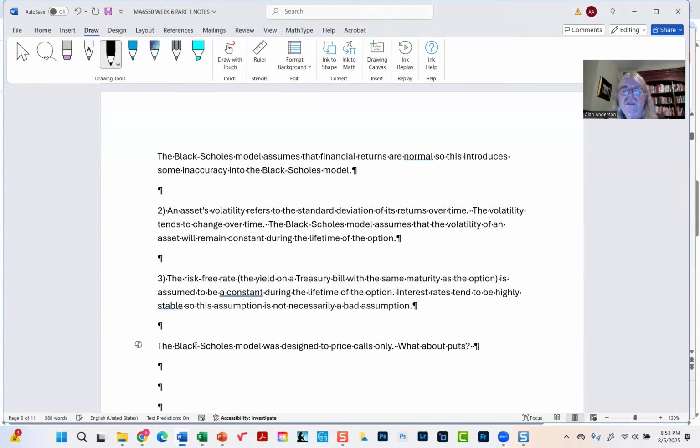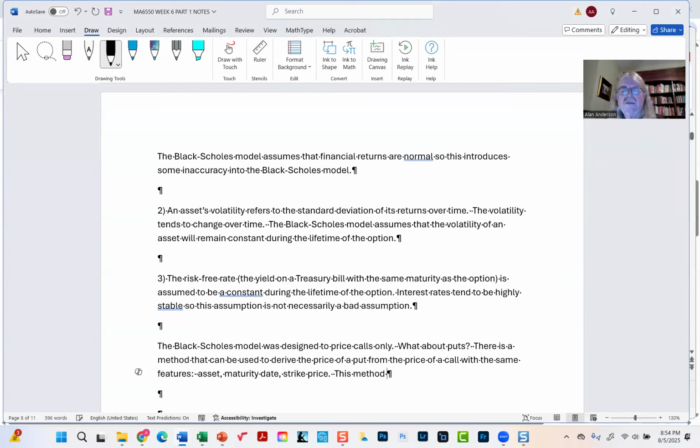Well, it turns out there is a method that can be used to derive the price of the put from the price of a call with the same features, meaning asset, maturity date, and strike price. This method is known as put-call parity. And we will go over that, just not right this minute.